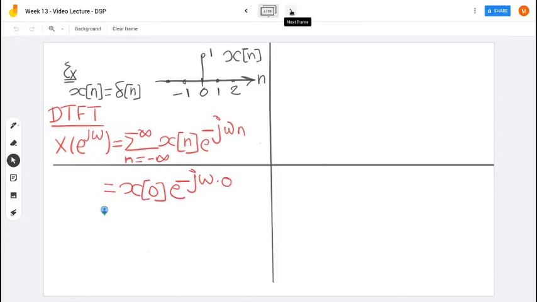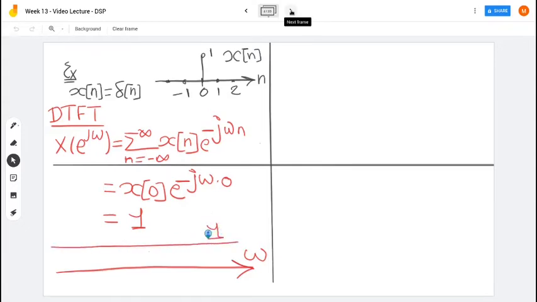So x of 0 is 1 and e to the minus j 0 is 1. So the spectrum of this signal using the discrete time Fourier transform is 1. And if we try to plot this as a function of the variable omega, it will be simply some sort of a constant value 1 for all frequencies. And this would be the spectrum X of e to the power j omega.